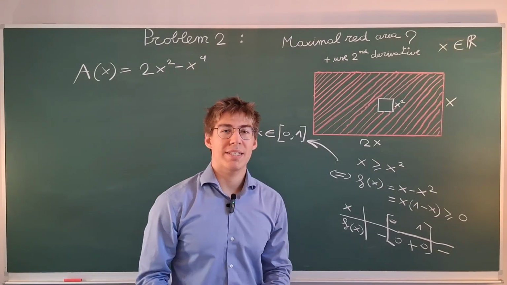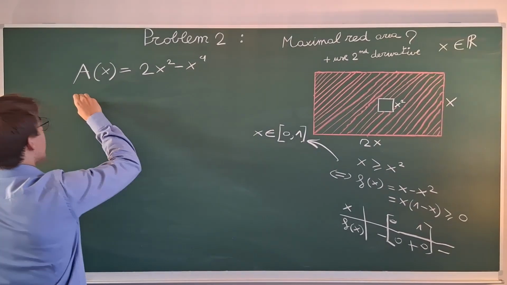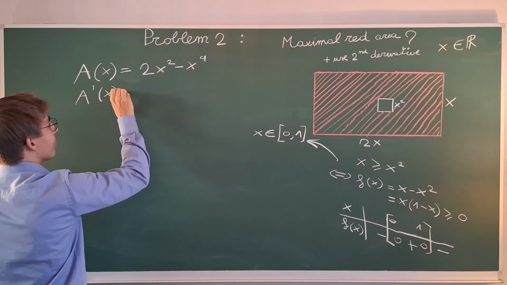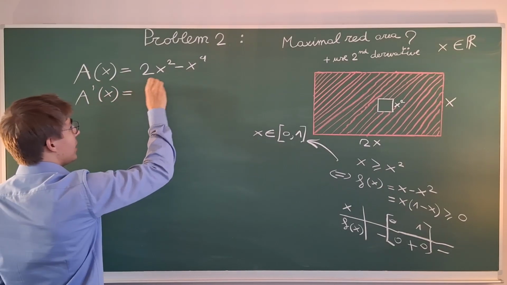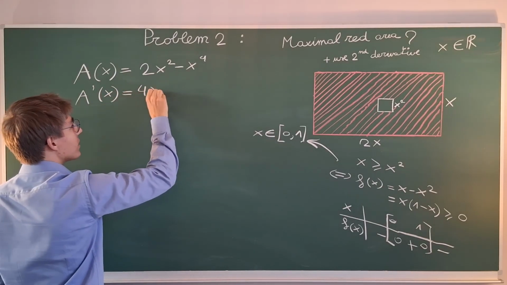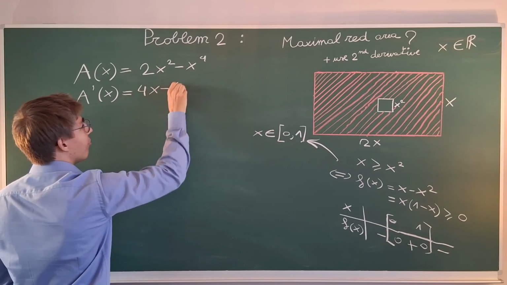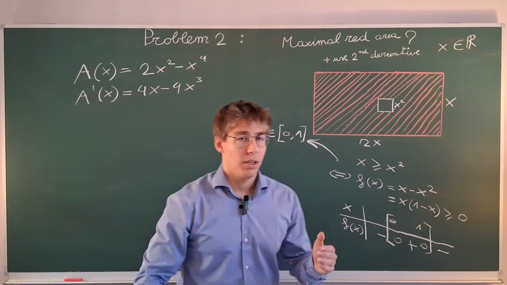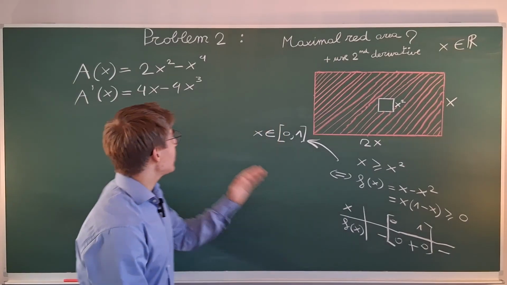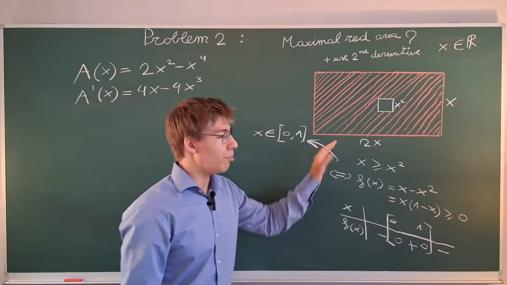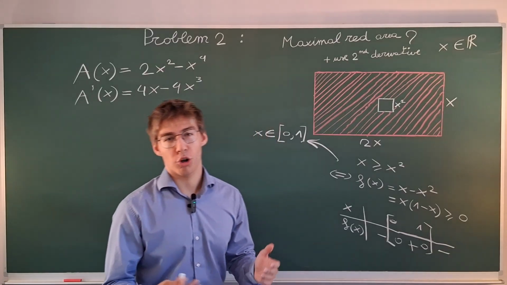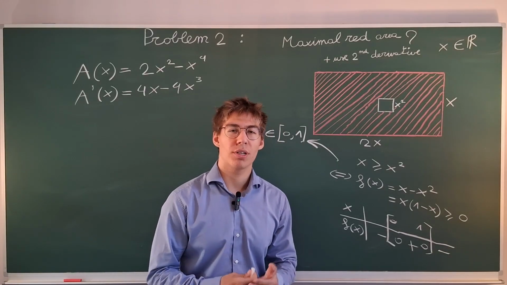Now, if you want to maximize this, we first have to calculate the first derivative. And that is equal to 4x minus 4x cubed. Now, to find the critical points, we have to set this first derivative to be equal to 0. And these critical points will include local minima, local maxima, or saddle points.